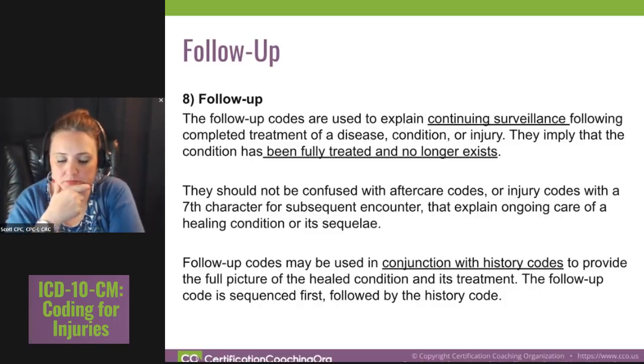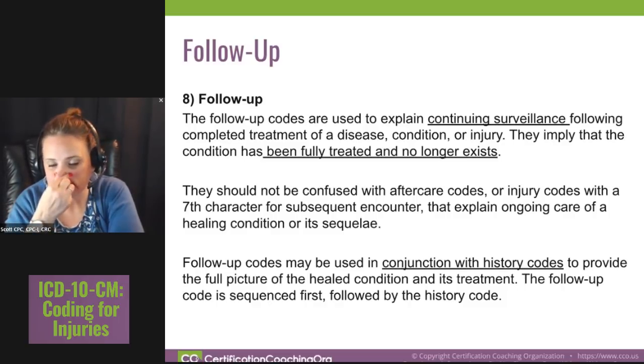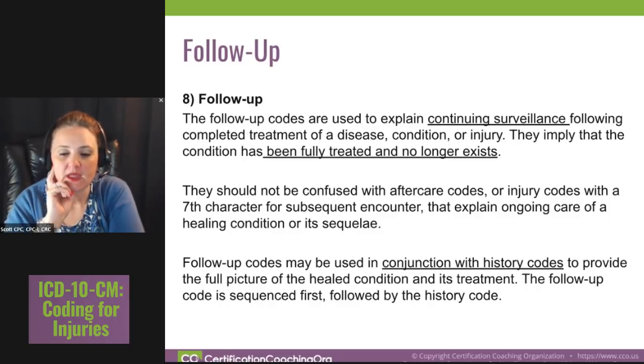Now, why would you do that? An example: let's say it was the fracture of the femur that we did, that torus fracture of the femur. Let's say that the patient has got some pain in the knee, right?